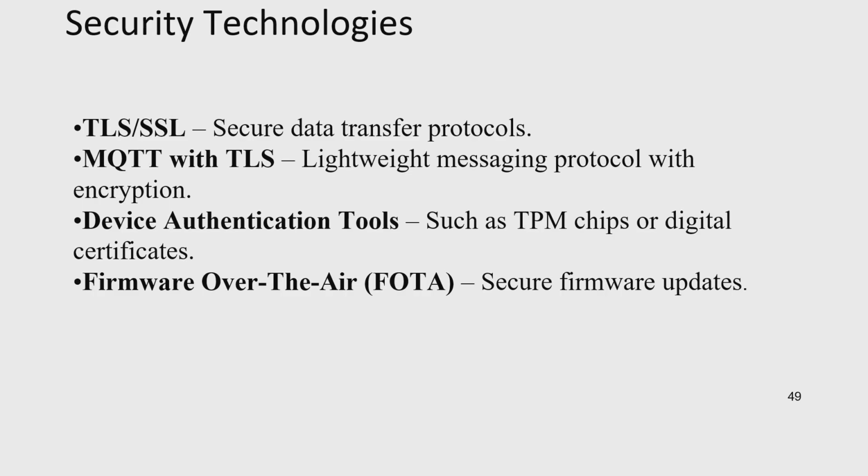So you have to have security technologies. There are many types of security technologies. TLS, SSL, secure data transfer protocols are there. MQTT with TLS, a lightweight messaging protocol with encryption, device authentication tools such as TPM chips or digital certificates. Then firmware over the air, FOTA, that is secure firmware updates. These security technologies can also be used.